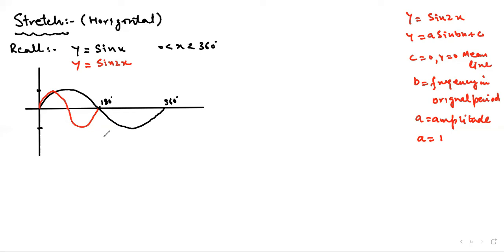This one is the graph for y is equal to sine 2x. Any question about y is equal to sine 2x? Now we will draw the graph for y is equal to sine of half x.